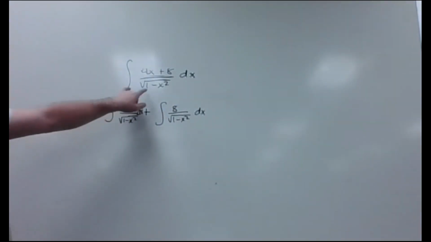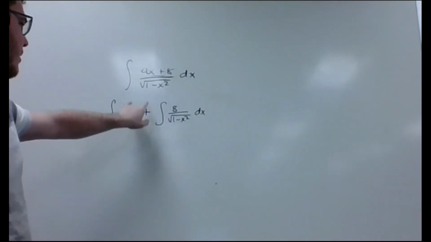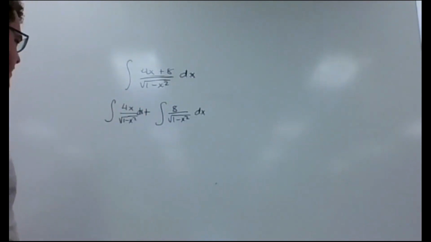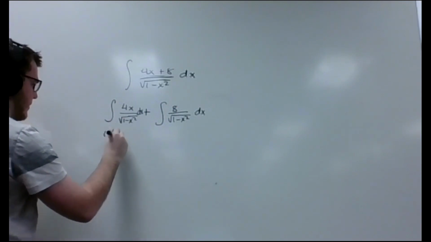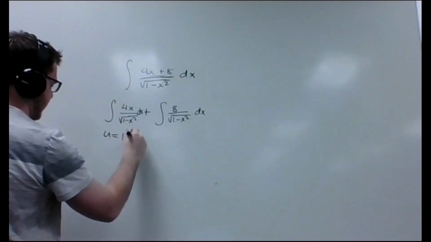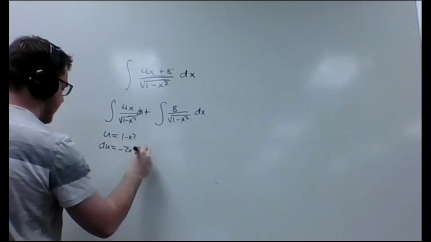So really, we just split the numerator and then split our integral, and then this problem does become a u substitution problem, right? So we can say that u is equal to 1 minus x squared. du is negative 2x dx.